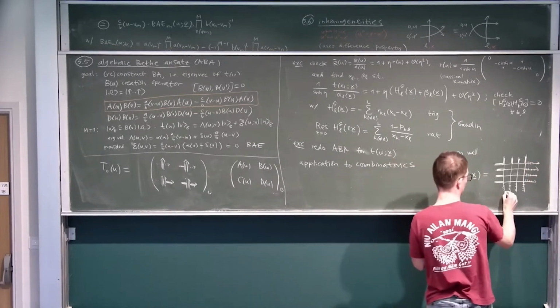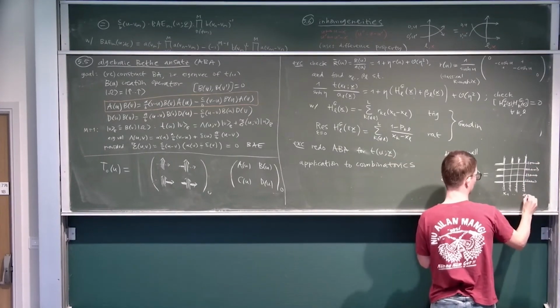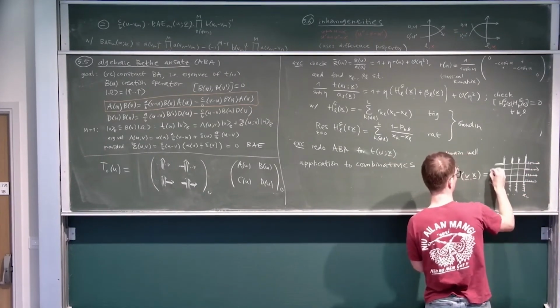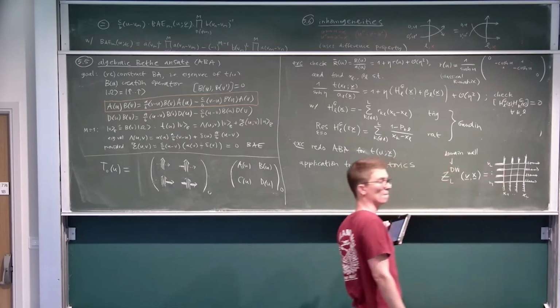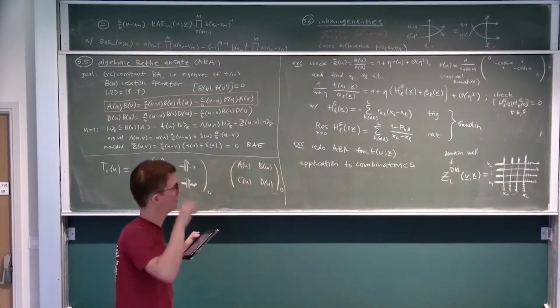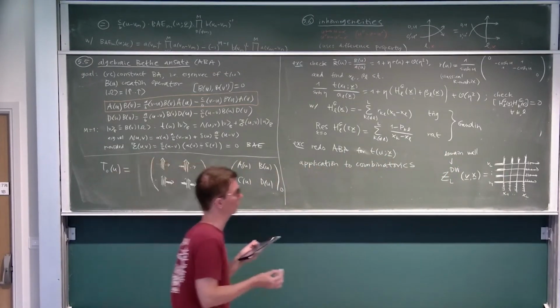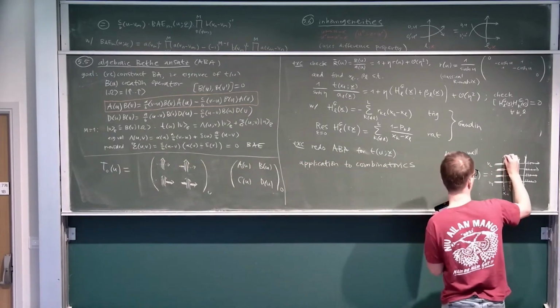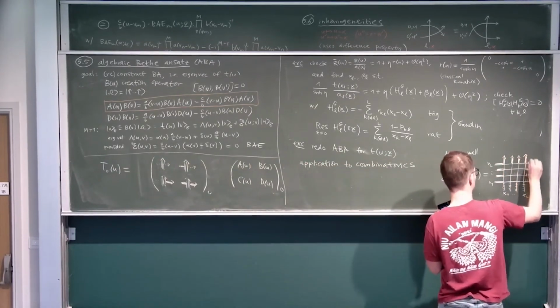And then the inhomogeneities are sitting here, and there are also parameters v1 up to vL sitting there. So this is some partition function. It does not have periodic boundary conditions, but it has some certain choice of fixed boundary conditions.